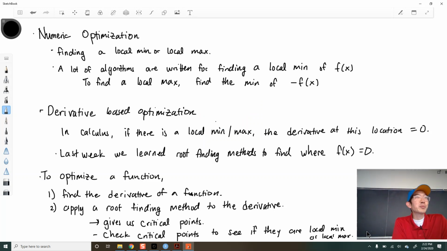Is that okay? Does that make sense? So the hard part is finding the derivative. Honestly, if it's easy to find the derivative, it's probably not too hard to find where the derivative is equal to 0, right?